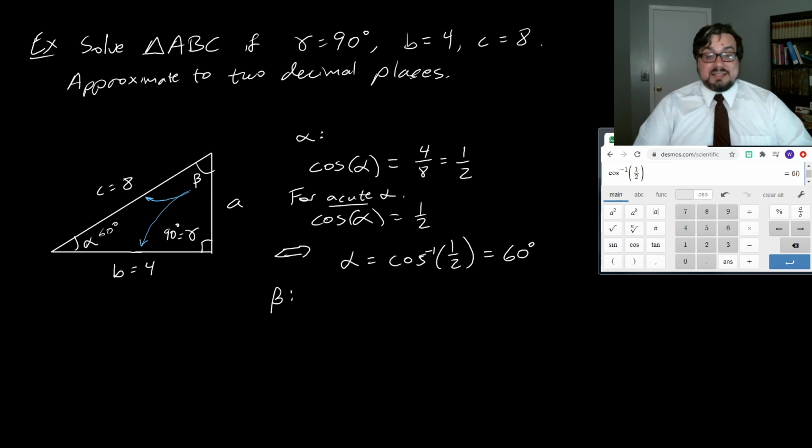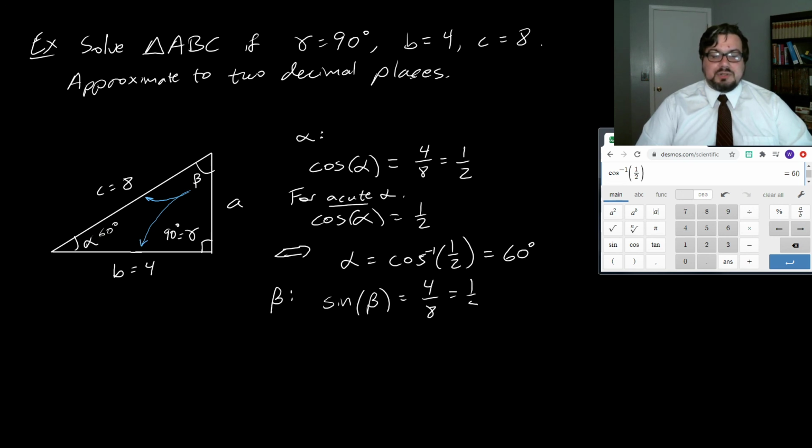Well, that function is sine. So we know that sine of beta is equal to 4 over 8, which is 1/2 again. So it's the same ratio as before, but that's not surprising. We're using the same side lengths.